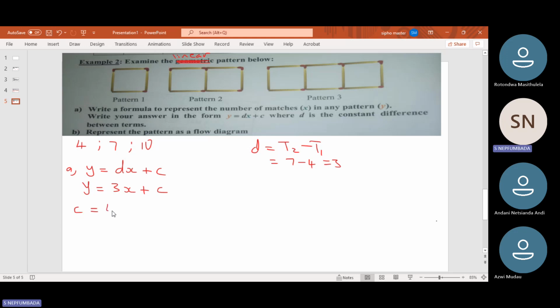Our c is equal to 4 minus 3, then we get 1. c is always the first term minus the difference. Therefore our equation is y equals 3x plus 1. Are we good?